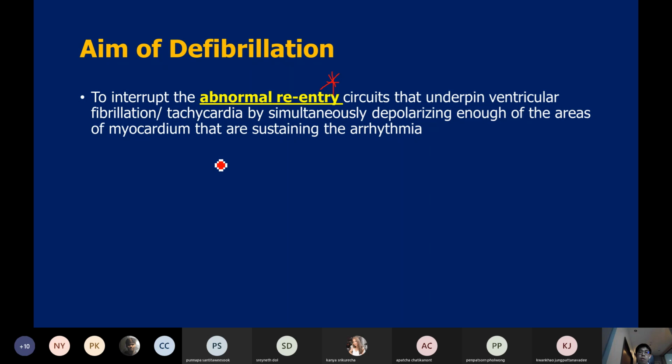If the mechanism of arrhythmia is not re-entry, for example automaticity, it would not be terminated by the shock. But most VT and VF are re-entry, so almost all of them would terminate with shocking or defibrillation.